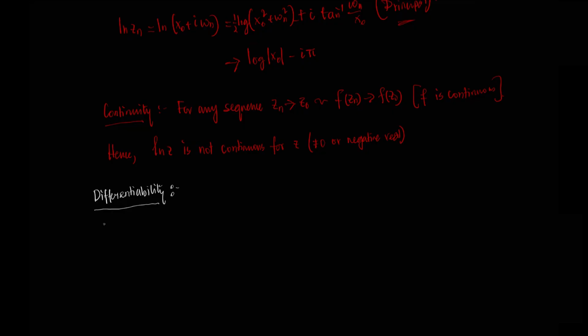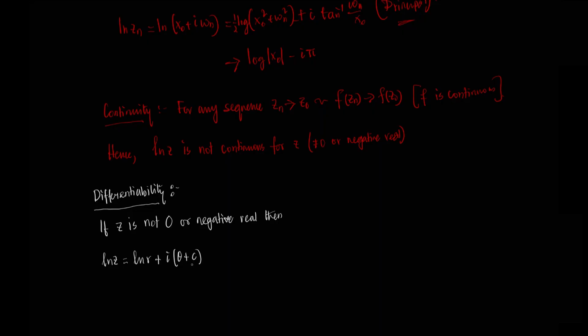See, what did we show? We showed that log is continuous everywhere in C minus that particular line, right? So what about differentiability there? Let's see. If Z is not zero or negative real, then log of Z is nothing but log of R plus I theta plus C, right?